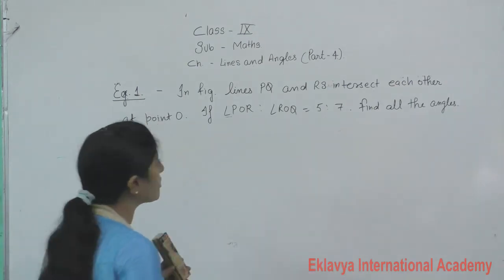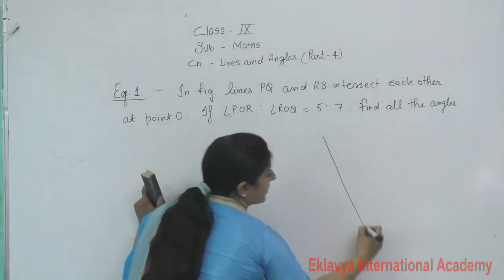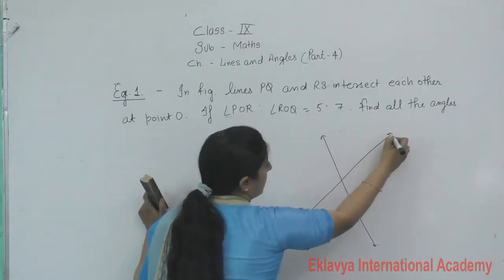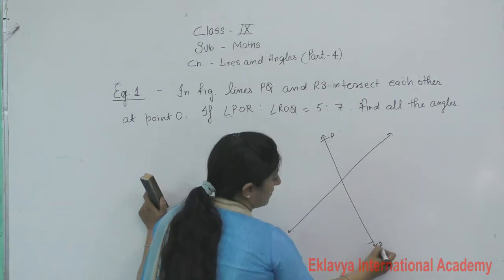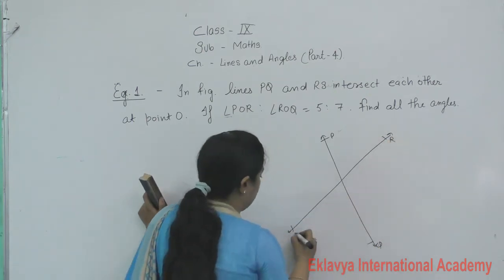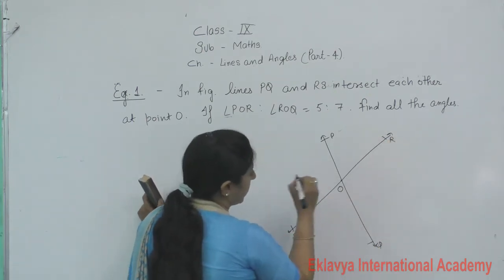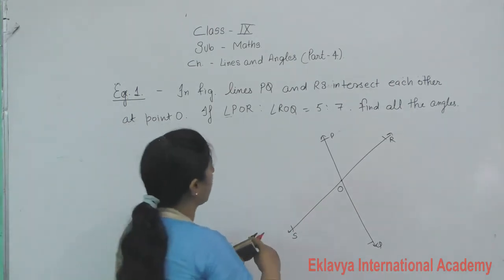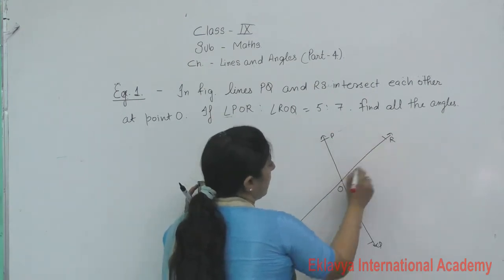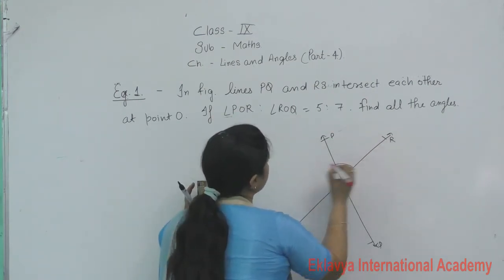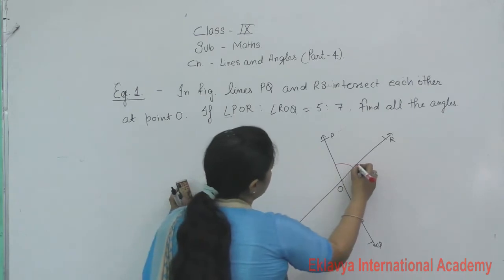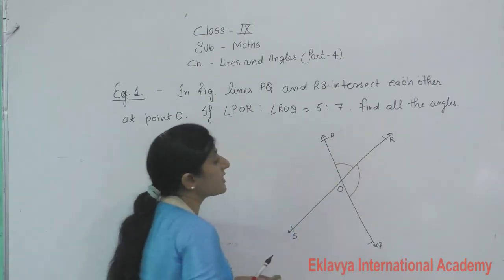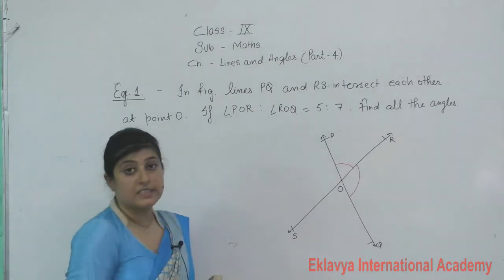This is your book question, example number first. PQ and RS, two lines, intersect each other at point O. Now see, POR means this one angle, ROQ means this one angle, in the ratio 5:7. Find all the angles.